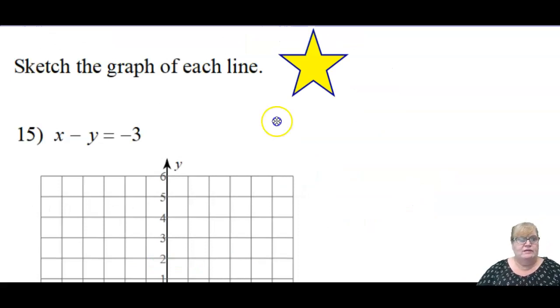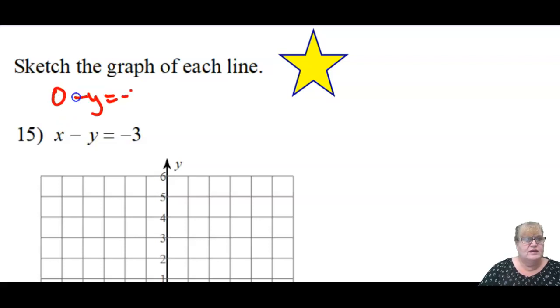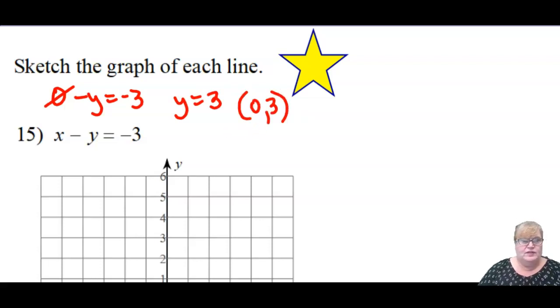All right, so we could try again with the intercepts for this one. If I put a 0 in for x, it would say -y equals -3, which would mean y equals 3. So I got (0, 3) as an intercept. If I put the 0 in for y, it will say x minus 0 equals -3, which just means x equals -3 when y equals 0.